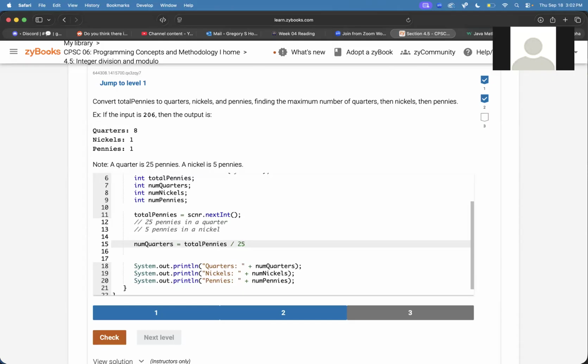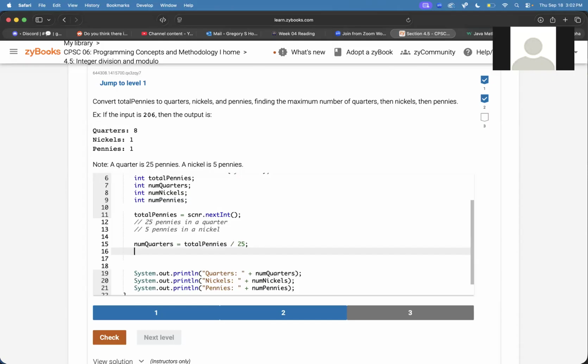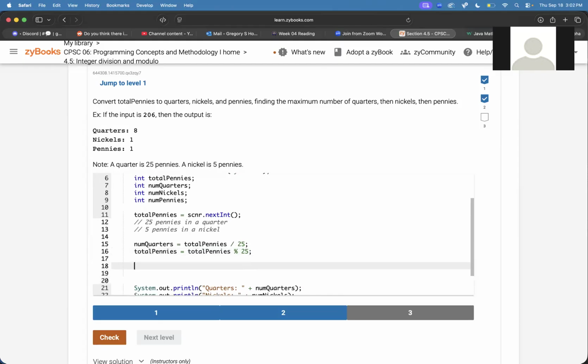The answer is 25. That's going to calculate the 8. After that, you need to figure out how many pennies are left over. So to get the leftover pennies, you do total pennies equals total pennies modulo 25. These go together: you calculate the quarters and then how many pennies are left over. It's divided by 25 and then modulo 25.